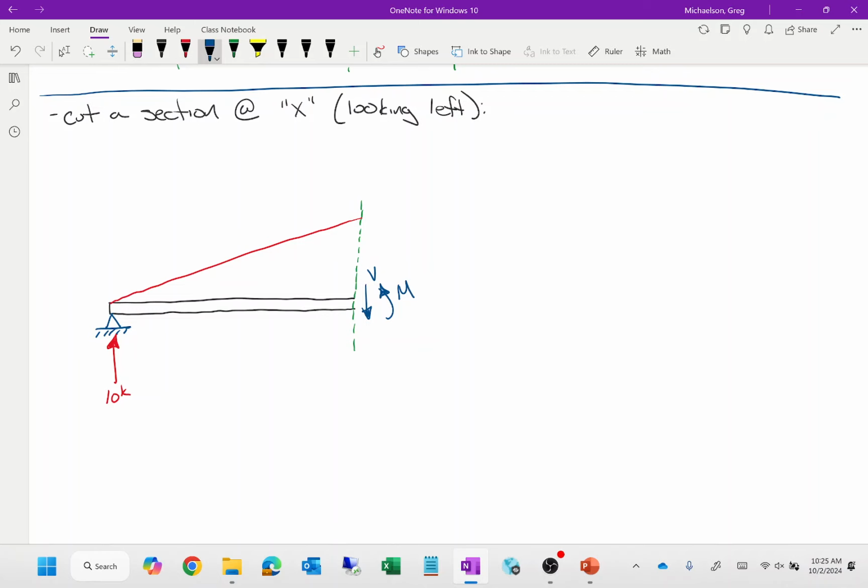This dimension right here is X. We're going to collapse this triangular load into a force and a moment arm. Now, if this is X, what's this moment arm? X over 3.